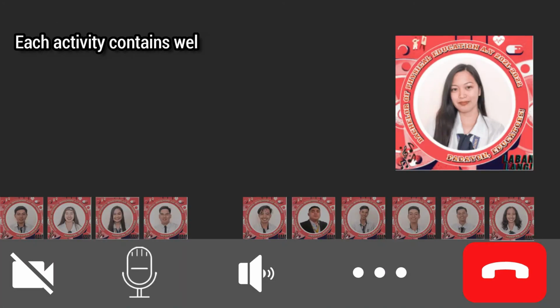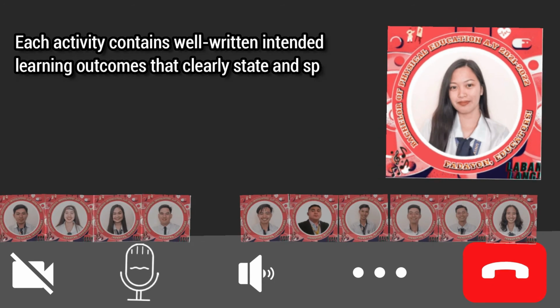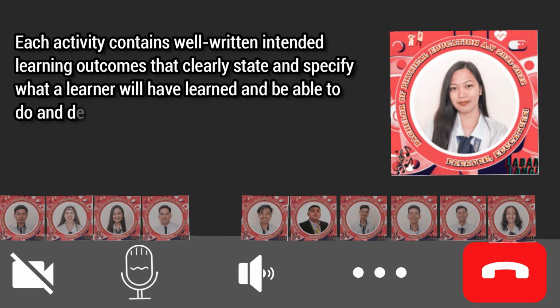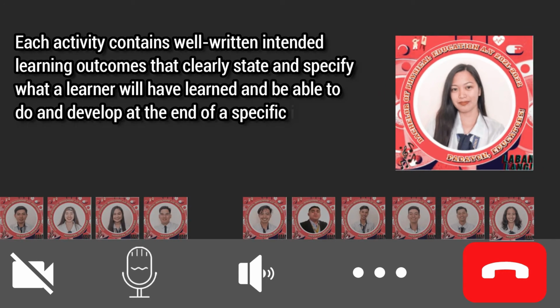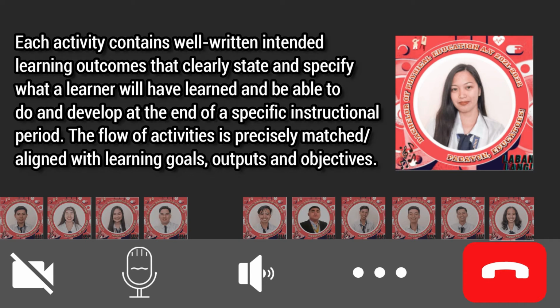Each activity contains well-written intended learning outcomes that clearly state and specify what a learner will have learned and be able to do at the end of a specific instructional period. The flow of activities is precisely matched or aligned with learning goals, outputs, and objectives.